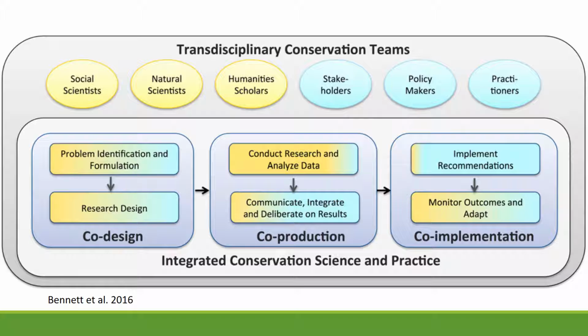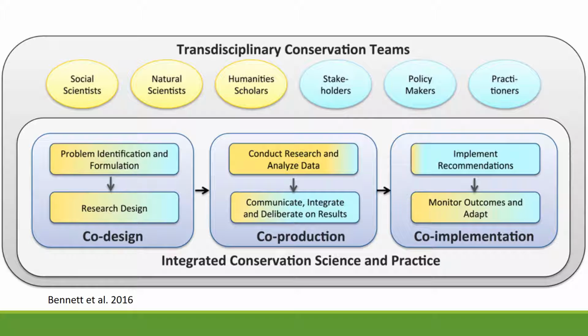You use your transdisciplinary conservation team to undergo an integrated conservation science and practice approach. In the first box, we have a co-design situation. The problem identification and formulation and research design is created equally between the blue and the yellow team.